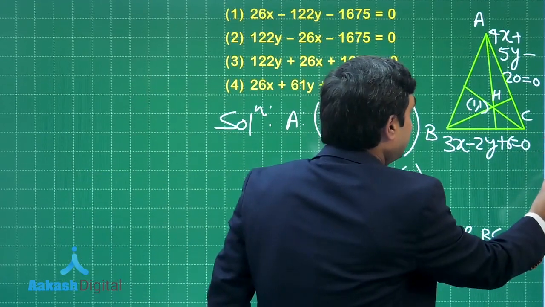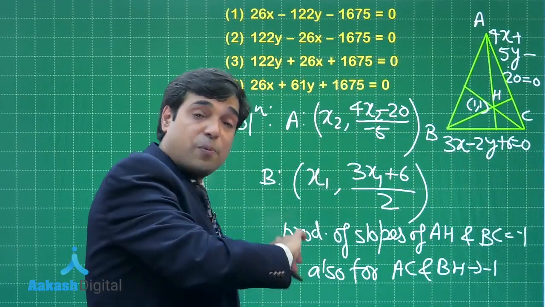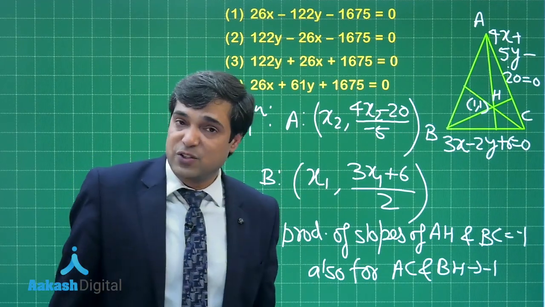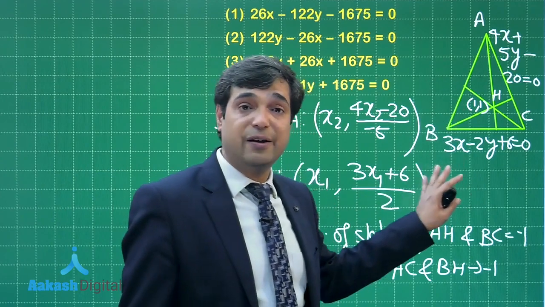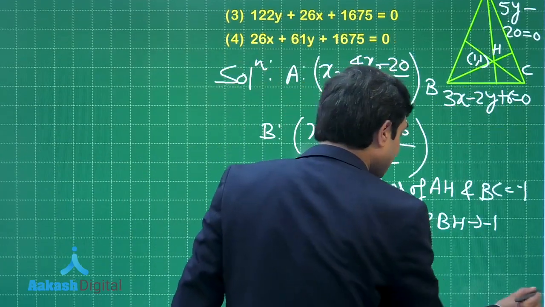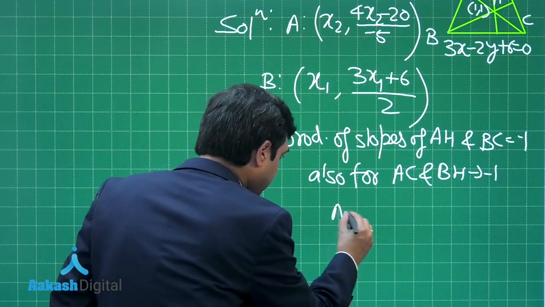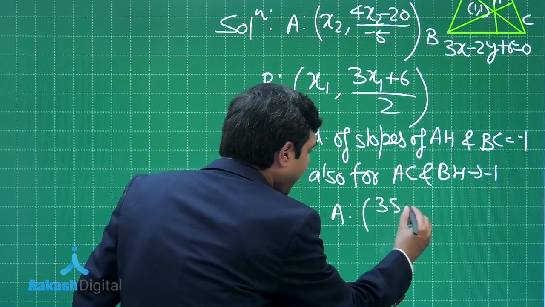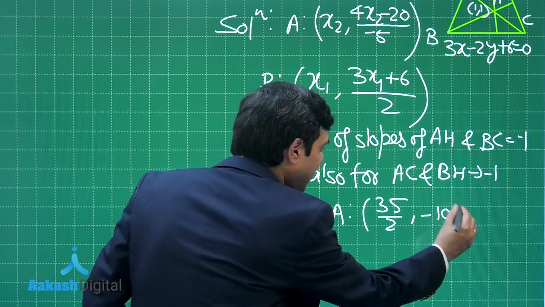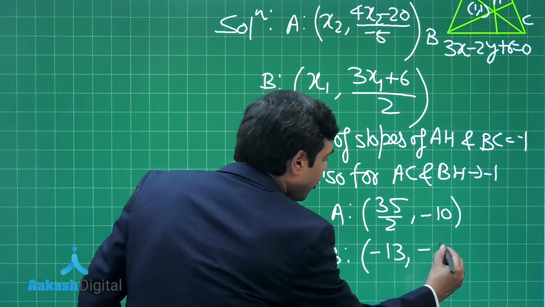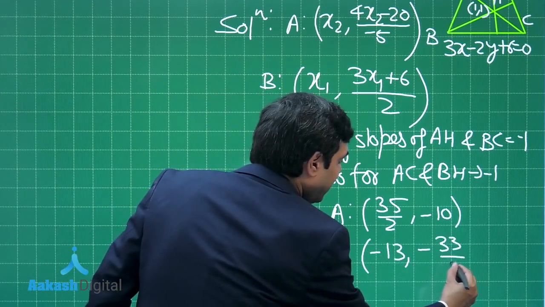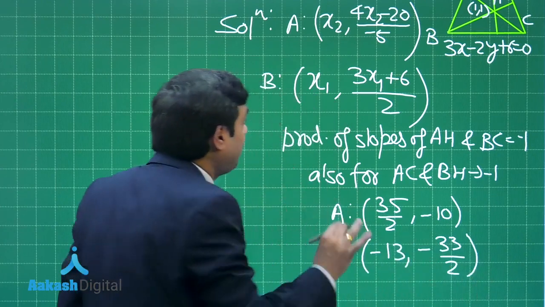Just solve the two cases taking slopes like y2 minus y1 upon x2 minus x1. Simplify to get the values for x1 and y1. When you apply this approach, you get A as 35 by 2 comma minus 10. Similarly, B as minus 13 comma minus 33 by 2. So we obtained A and B.